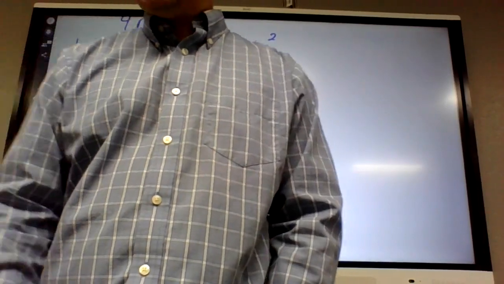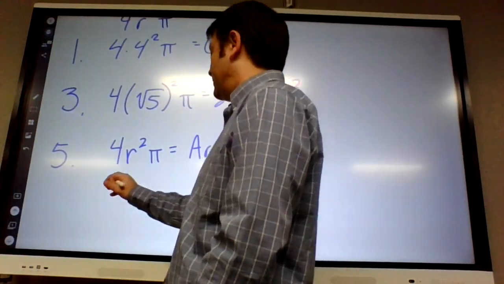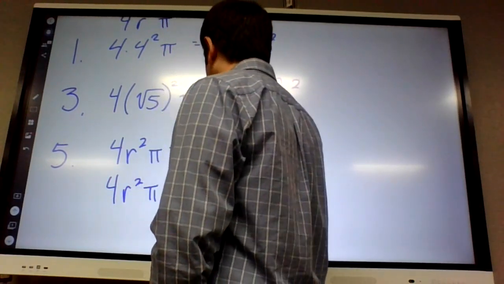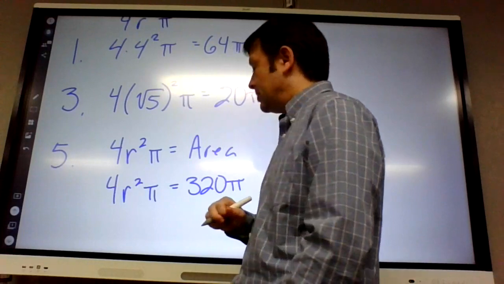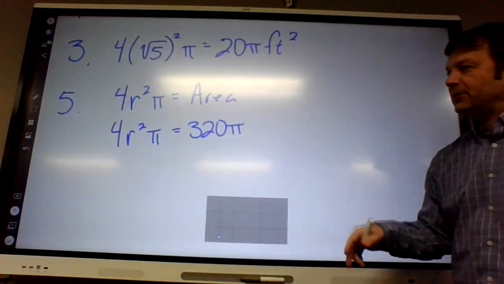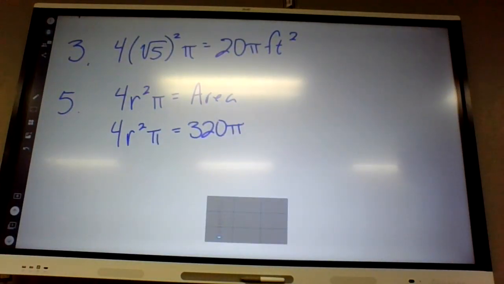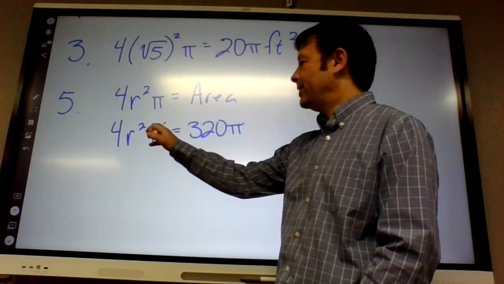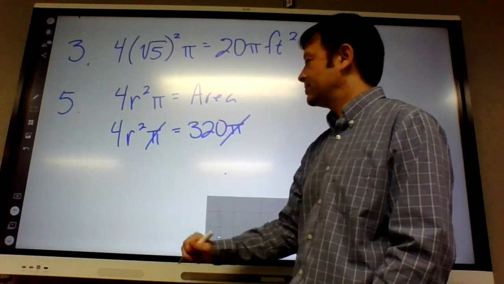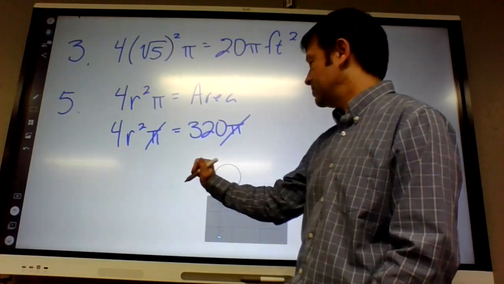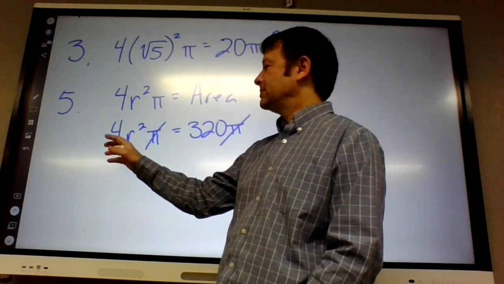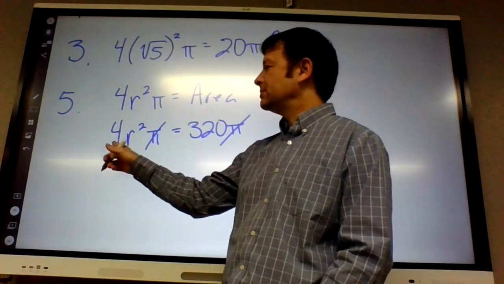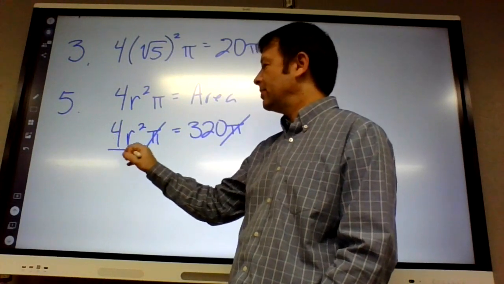So the surface area is 320, and that's all they give us. Oh, 320 pi, I guess. So how would I solve that for r? Divide by pi to get rid of pi on both sides. What else? Divide by 4.